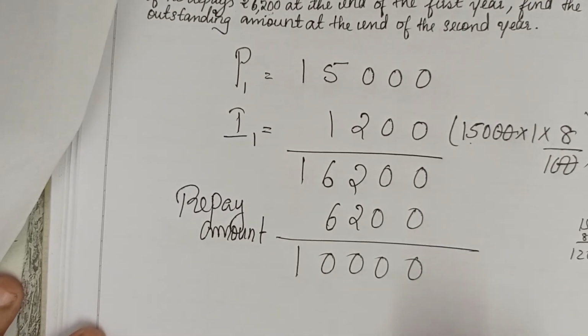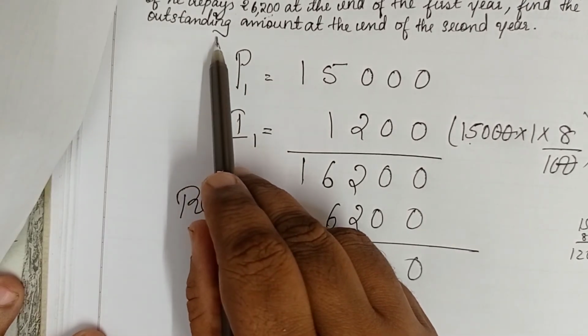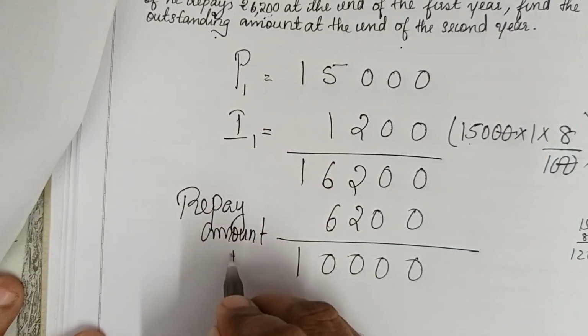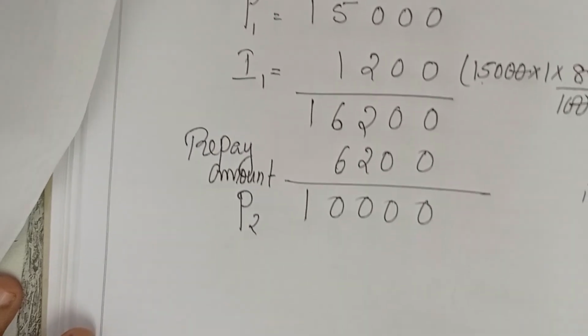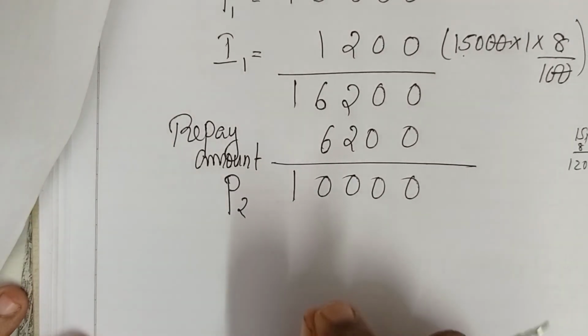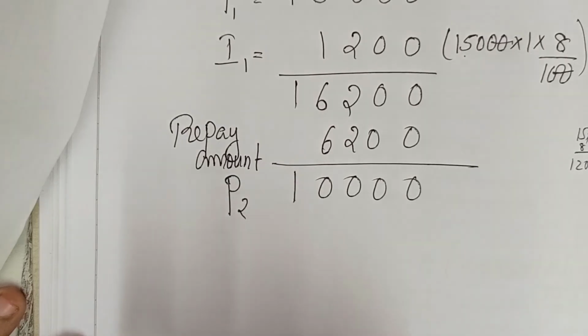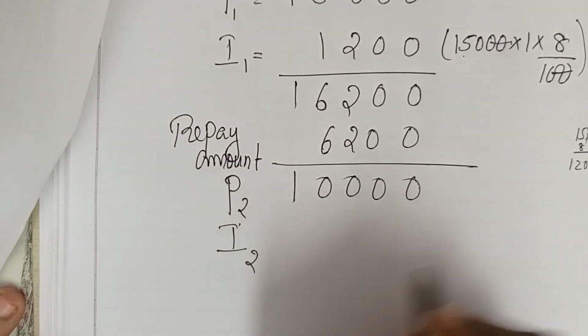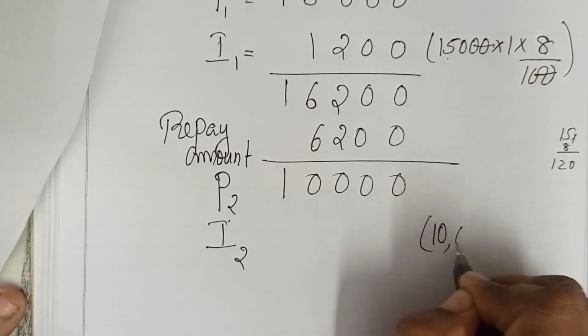What's the question? Find the amount outstanding at the end of the second year. This is only P2. P2 stands for the principal at the beginning of the second year. We need the amount at the end, so we need I2.